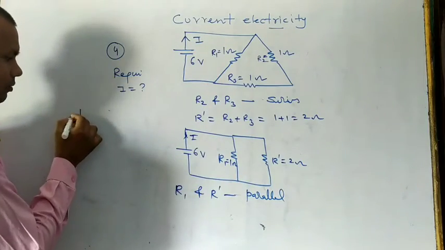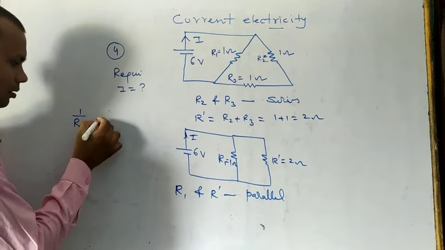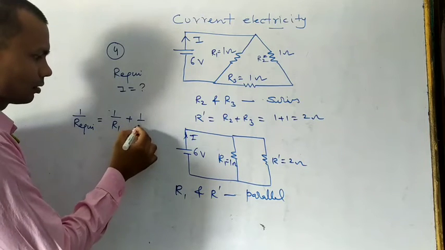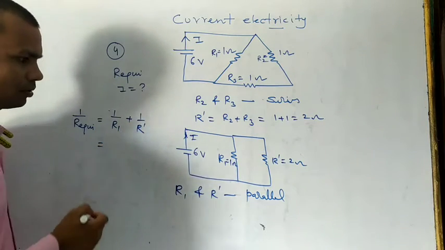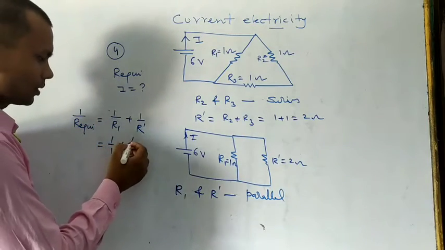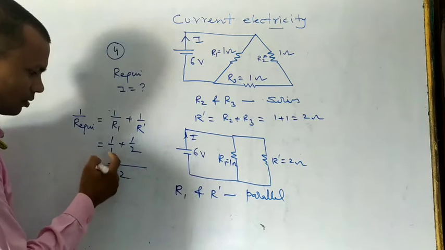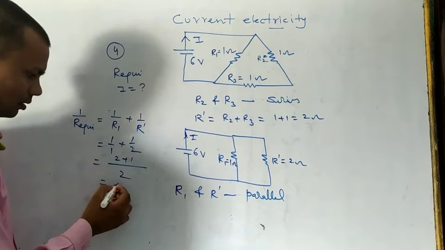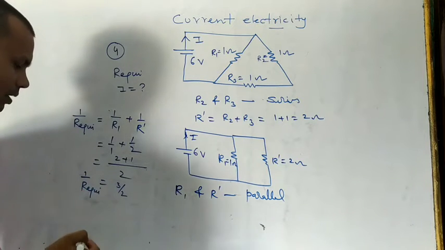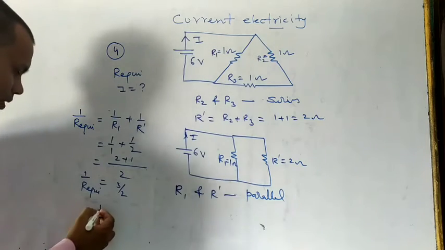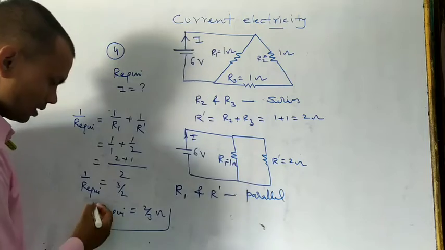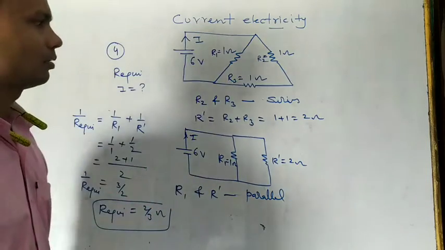So 1 upon R equivalent is equal to 1 upon R1 plus 1 upon R dash. So 1 upon R1 is 1 by 1, and then 1 by 2. LCM is 2, here 2 plus 1, so this is 3 by 2. So 1 upon R equivalent is 3 by 2. R equivalent is equal to 2 by 3 ohm. So this is the equivalent resistance of this network, right?